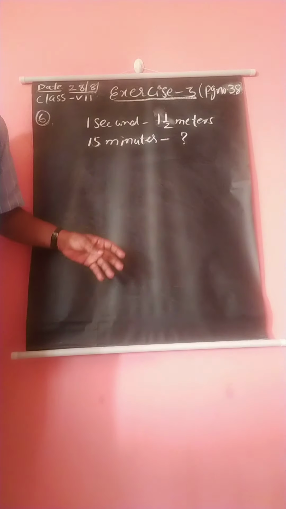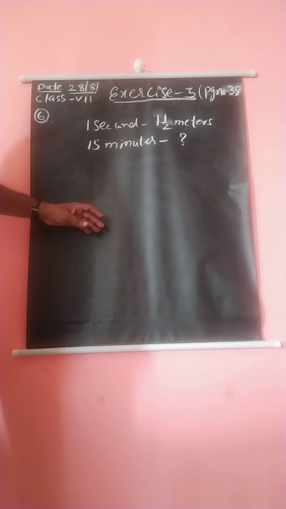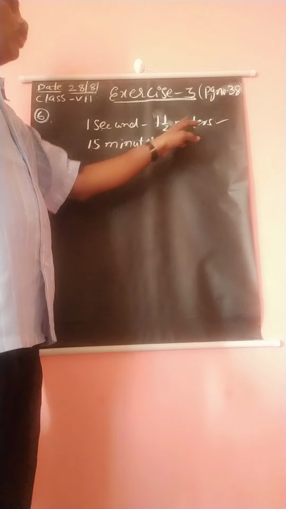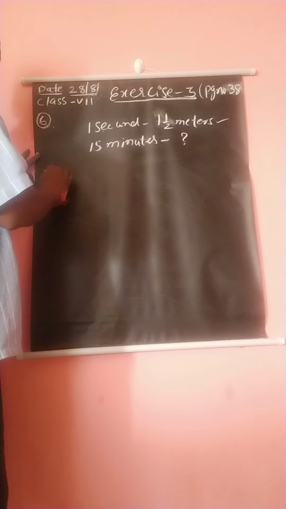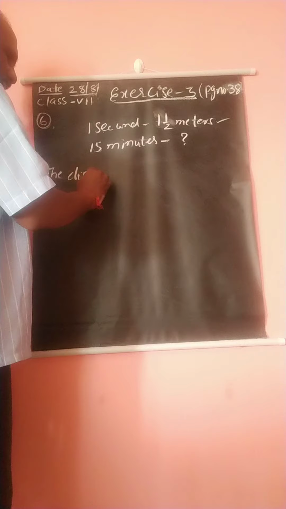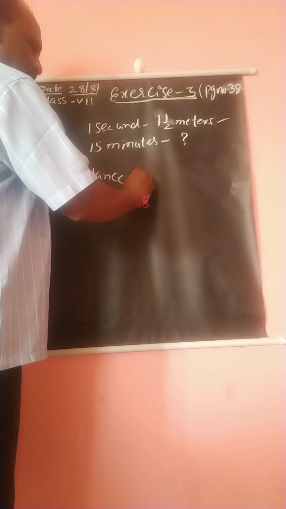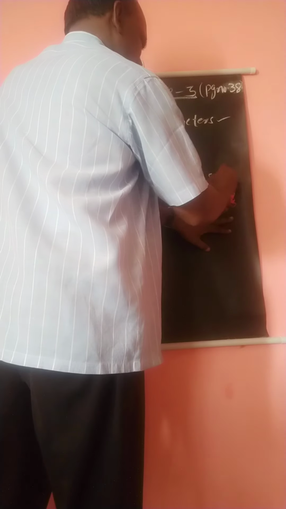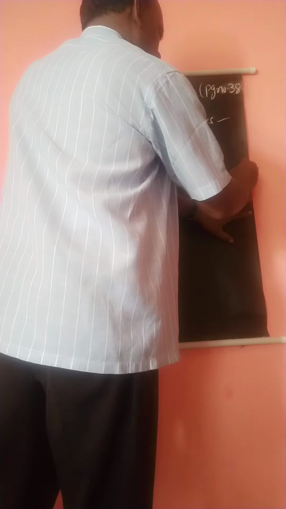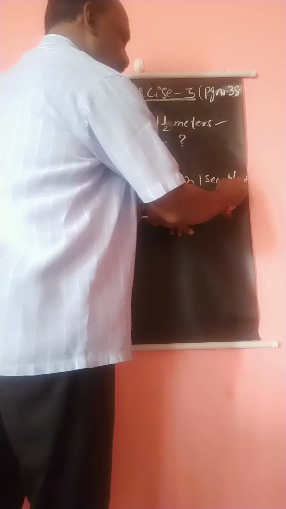Look here. Raju walks 1.5 meters in 1 second. In 15 minutes, how many meters did he cover? The distance covered in 1 second is equal to 1.5 meters.